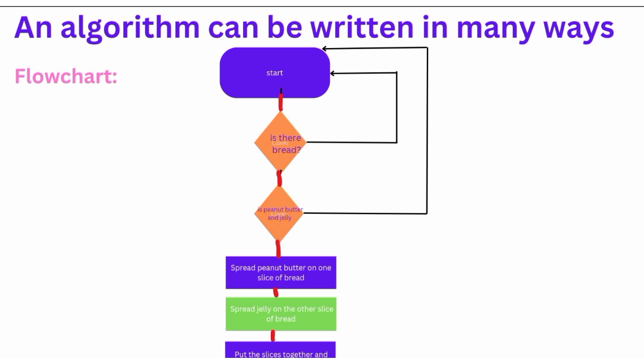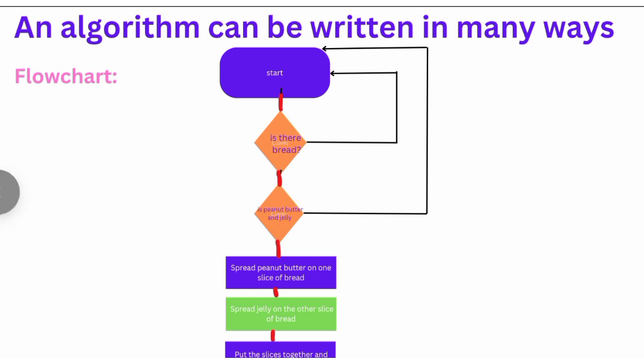Here I am preparing a flowchart for the concept of preparing a peanut butter and jelly sandwich. First of all, start here in the flowchart diagram. To prepare this sandwich we need some bread, so we are checking whether the bread is available or not.